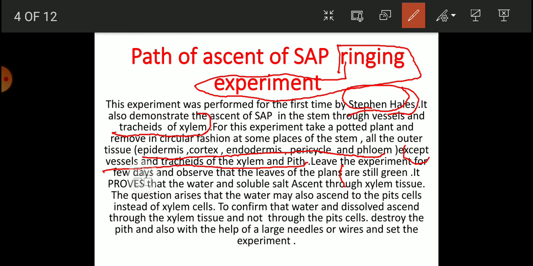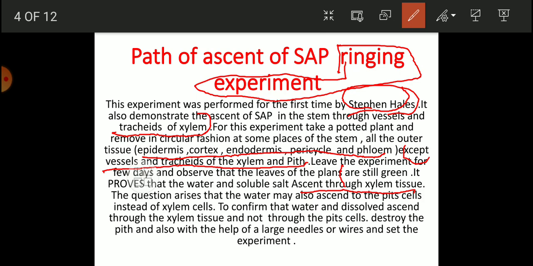It proves that water and soluble salts ascend through the xylem tissue. Now the question arises that water may also ascend through the pith cells instead of the xylem cells.